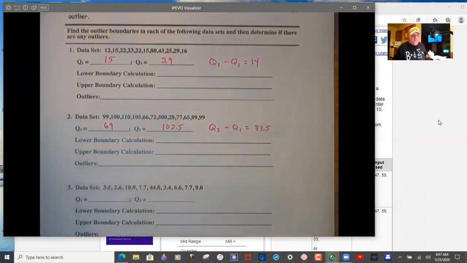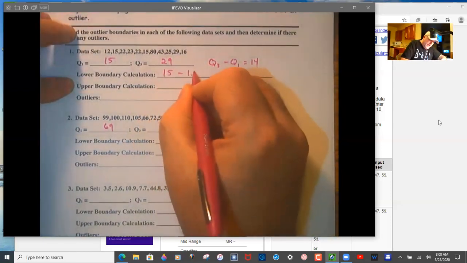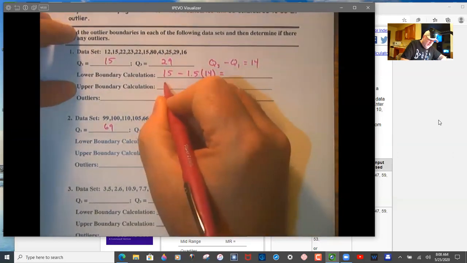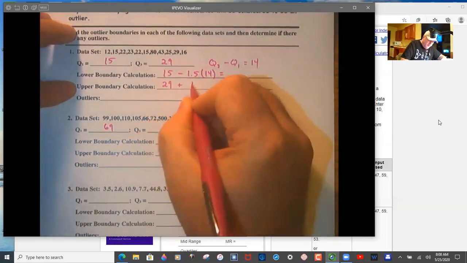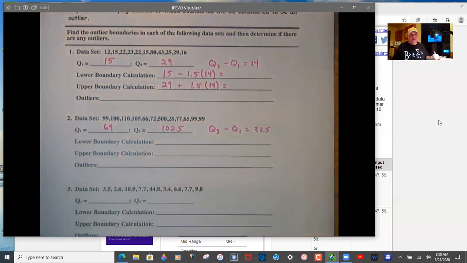So you need to do that also. So the lower boundary is simply 15 minus 1.5 times 14, whatever that is. And the upper one is 29 plus 1.5 times 14. So it's the lower quartile minus 1.5 times the interquartile range. Upper boundary is 29, the third quartile, plus 1.5 times the interquartile range.